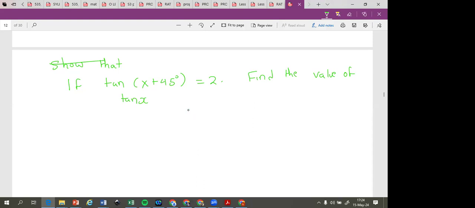Here they are looking for the way you are able to expand. You have to remember that tan of (a plus b) is the same as tan a plus tan b, out of 1 minus tan a tan b.